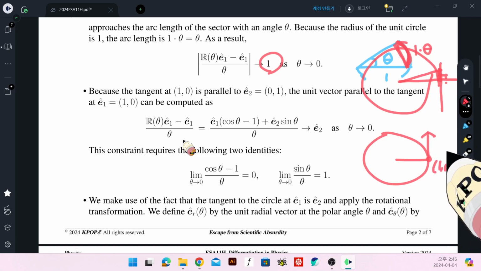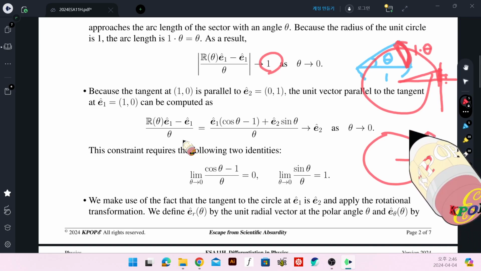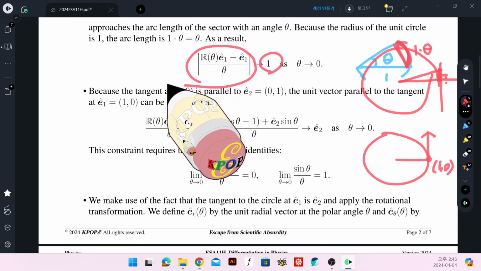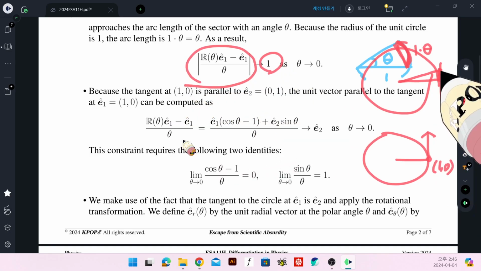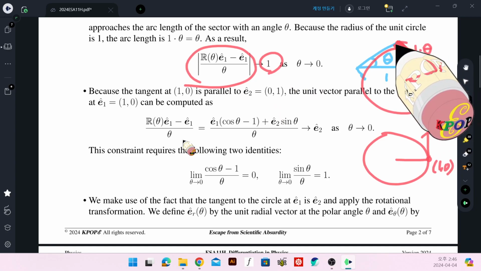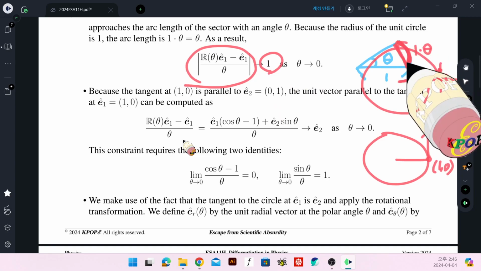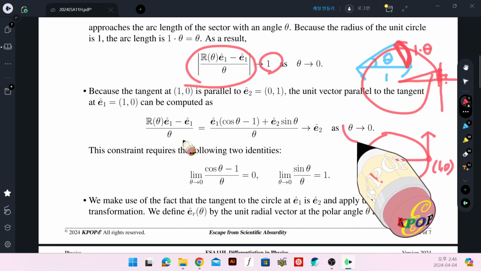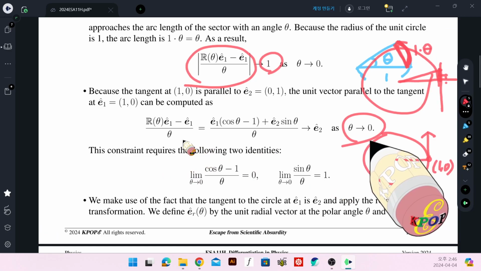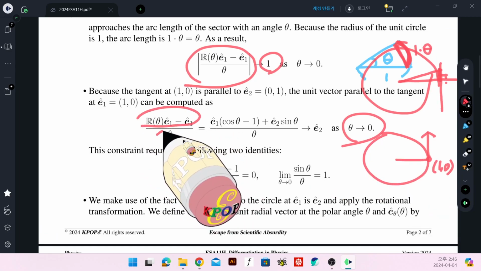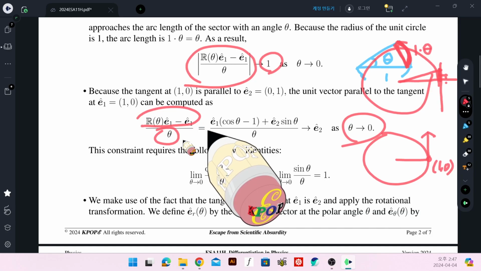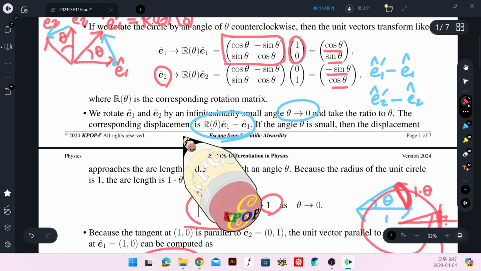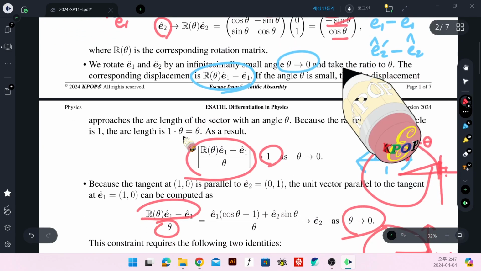Therefore, in this direction, and we know the magnitude approaches 1 because the arc length approaches this chord. As a result, in the limit as theta goes to 0, this displacement divided by the small angle is identical to this, because of this relation.